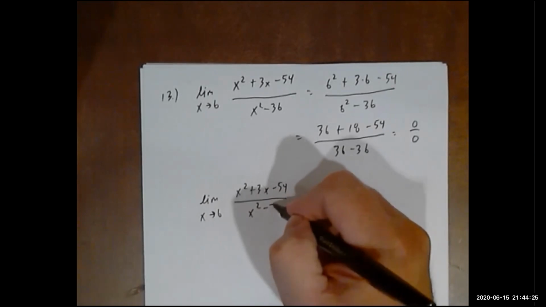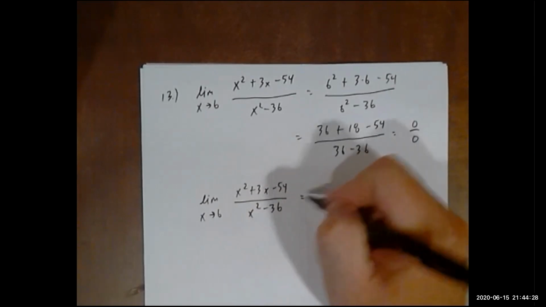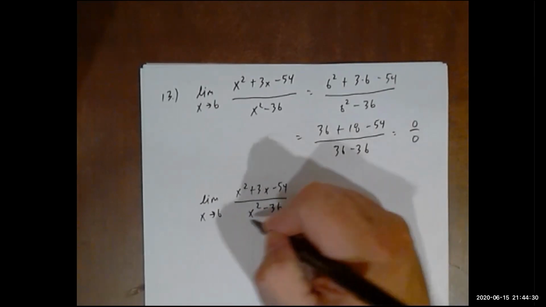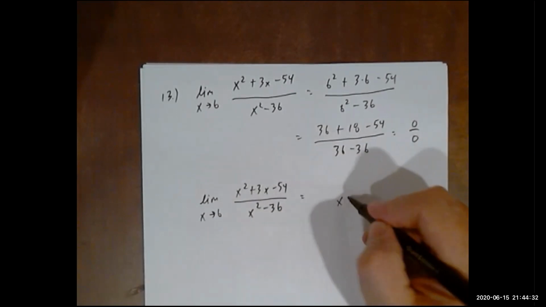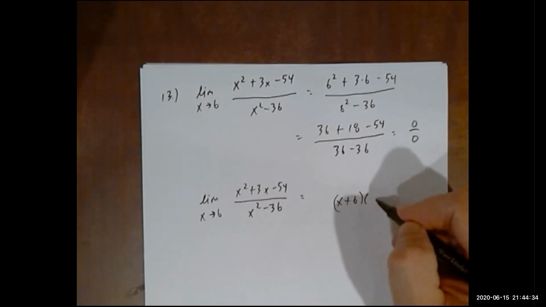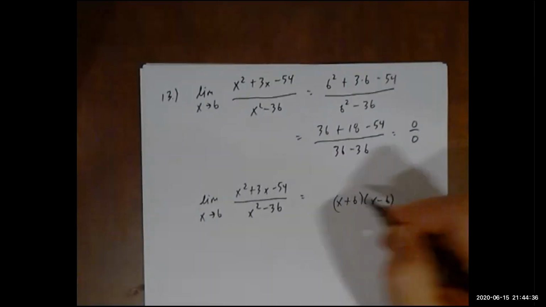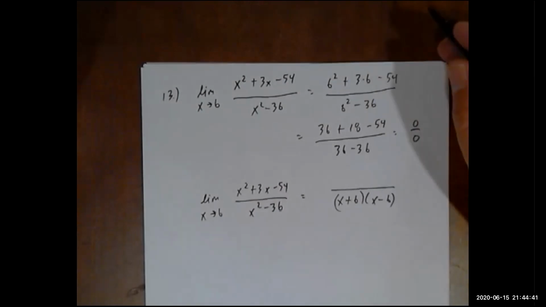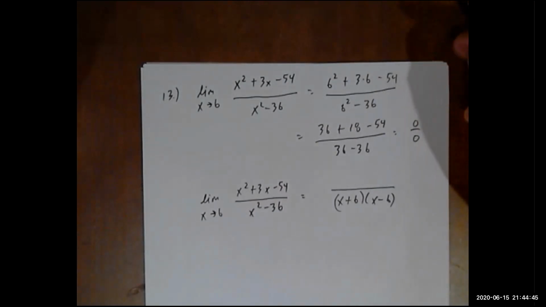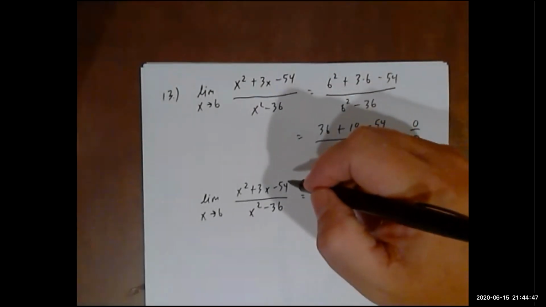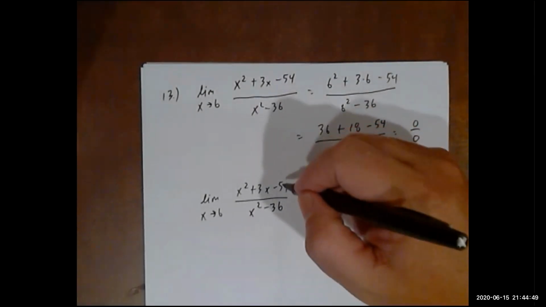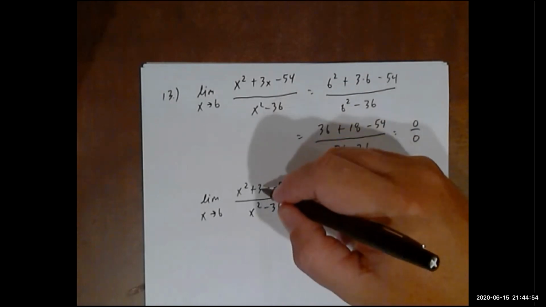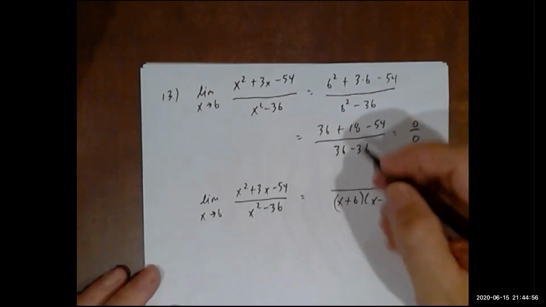Now the denominator, it's pretty easy to factor if you remember difference of squares, right? Should be x plus 6 times x minus 6. The numerator at the top is a trinomial. I typically use the method we teach called product sum, where I'm trying to figure out two numbers I can multiply together that equals negative 54, but when I add them, it equals 3.